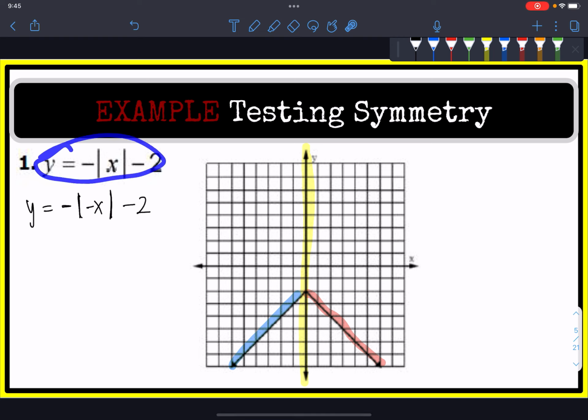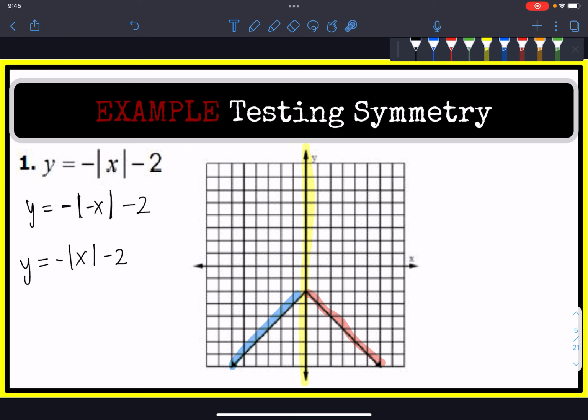We do end up with the same equation, because the absolute value of anything inside here is the same as if it was positive. Then having a negative x inside there is the same thing as having a positive x. I'm still going to get the exact same value. So I'm going to get that y is equal to negative absolute value of x minus 2.